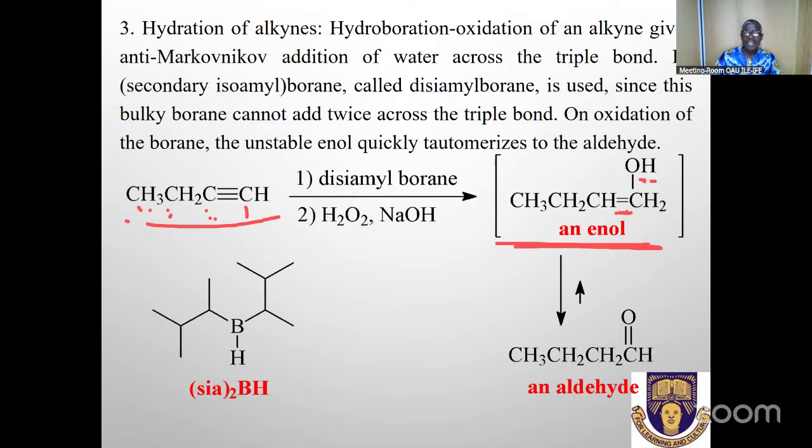Subsequently, because the enol is very unstable, it will tautomerize to give an aldehyde, which is butanal. So the hydration of butyne will give you butanal.